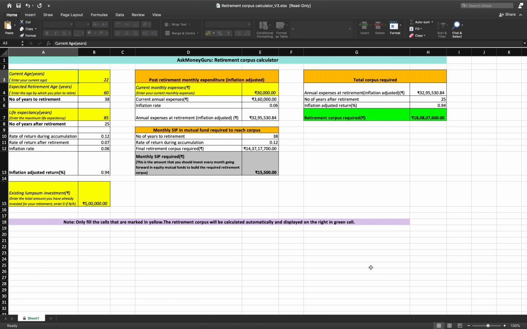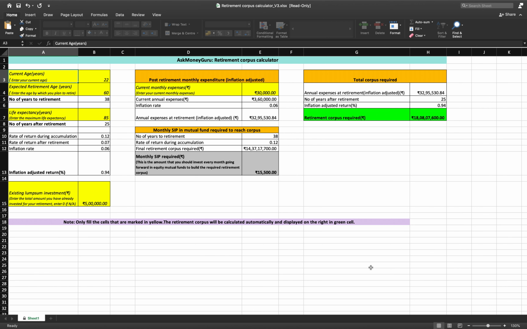As the name suggests, the purpose of this calculator is to give you a fair understanding and estimate of the amount of money that you would need post retirement to maintain your current lifestyle until the time you are alive.